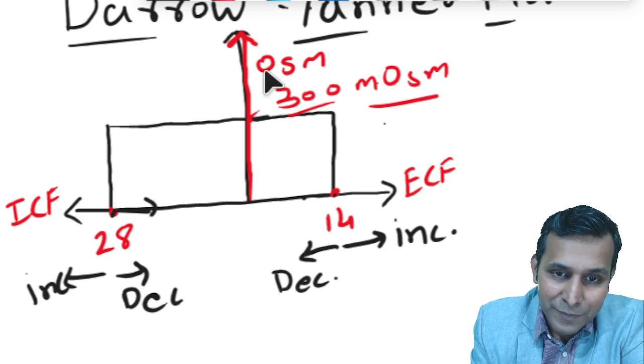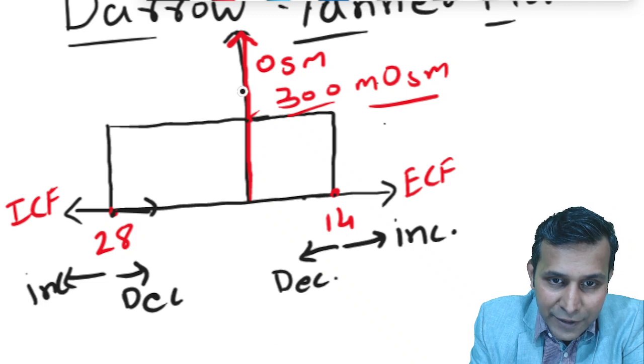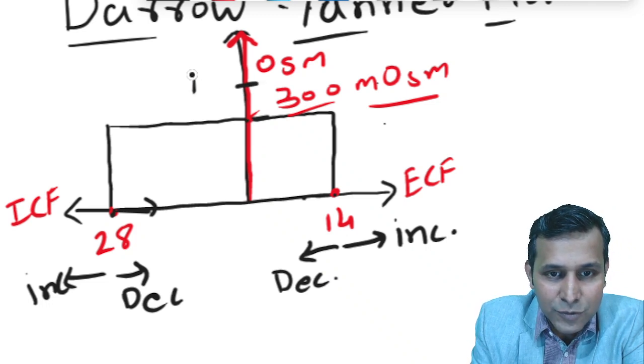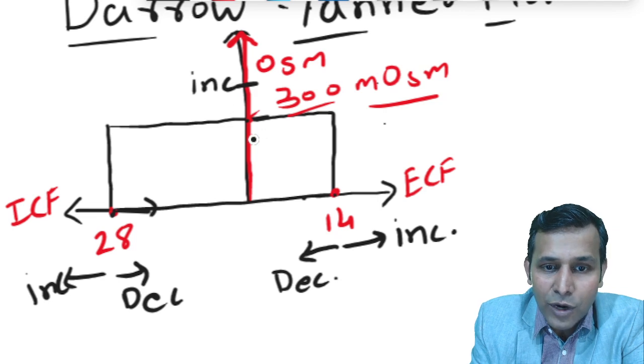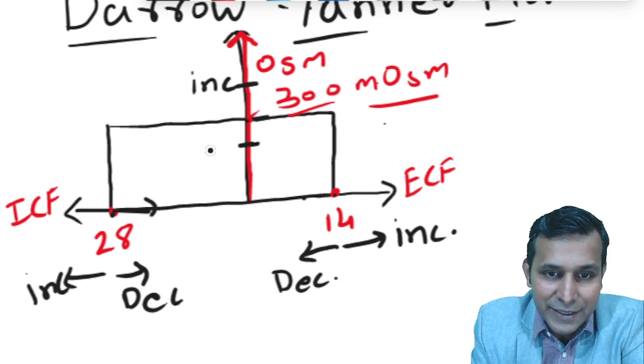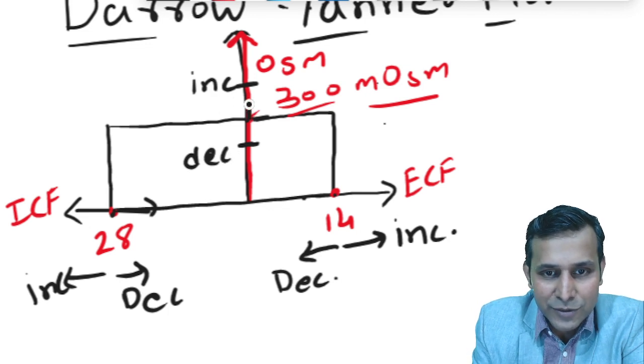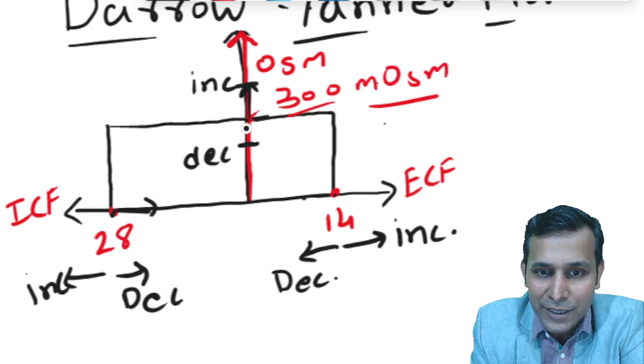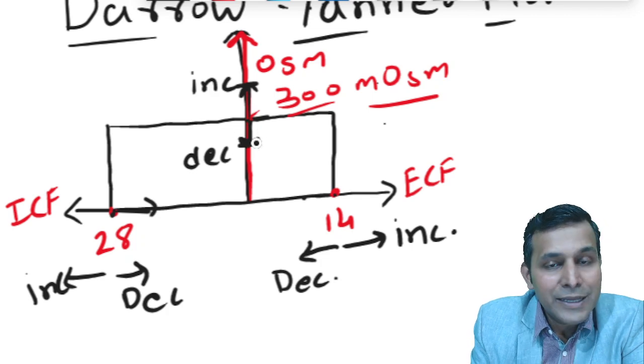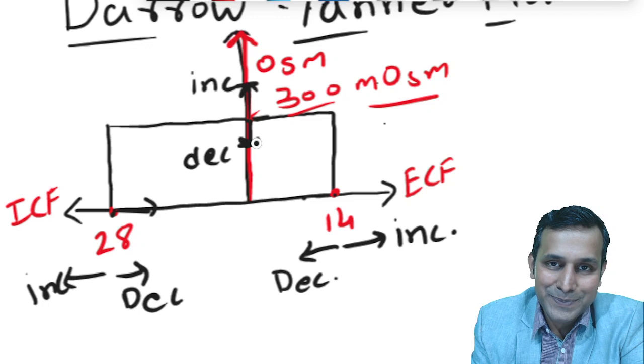For osmolarity, if the overall height of the graph increases, it is an increase in osmolarity. If the overall height decreases, it is a decrease in osmolarity.